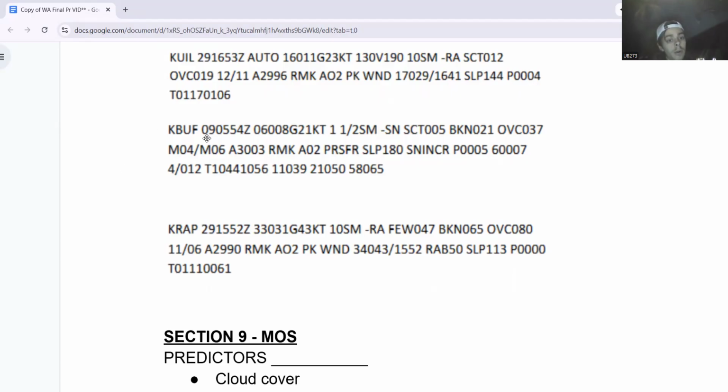We already saw that before. Let's see if there's anything new on this one. That means light snow. This time, these are negative temperatures, -4 degrees Celsius, -6 degrees Celsius.